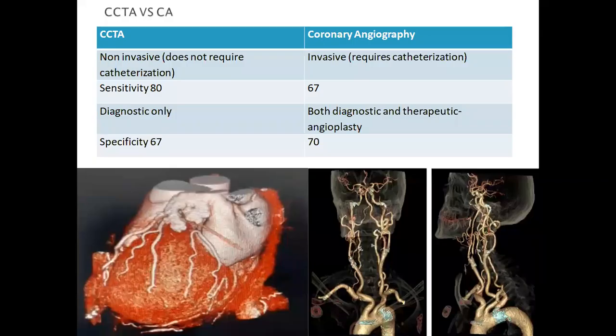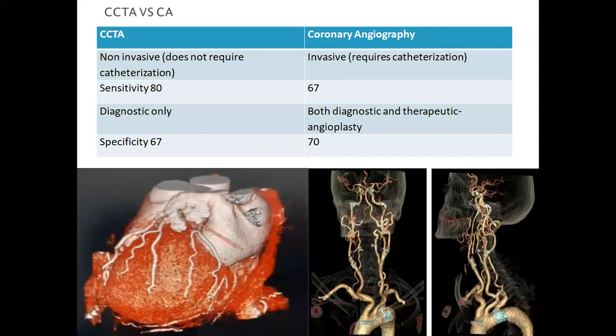So I did a bit of comparison between the traditional coronary angiography, which involves catheterization, and the cardiac CT angiography. So you see that the cardiac CTA is non-invasive because it doesn't require catheterization.